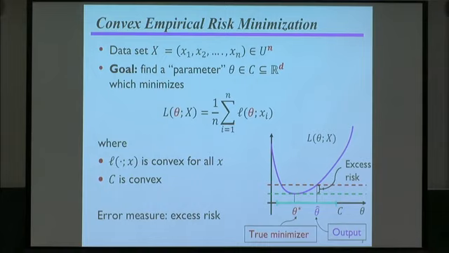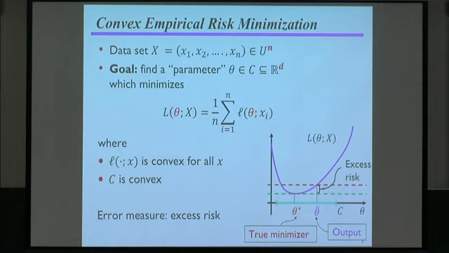If I think of my data set as being drawn from some larger population, what I might really be interested in is some sort of measure of population risk: how well does the thing I output do relative to the best parameter for the population as a whole? In many contexts, this is the thing we'd really like to reason about. For this talk, I'm not going to draw the distinction between those two notions of risk, except perhaps near the end. For now, we'll just pretend that all we care about is the empirical risk, the risk on the data set we have.